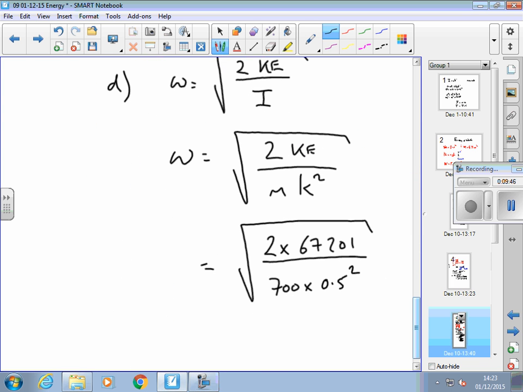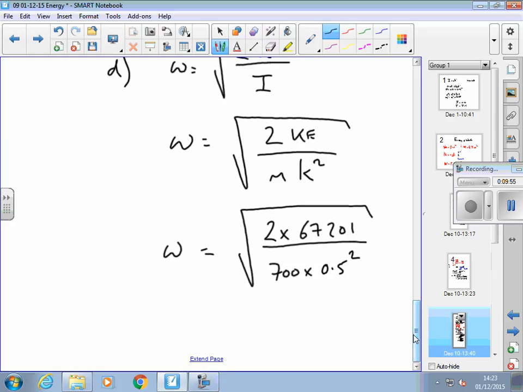So I could put it into the calculator literally just like that, and it will give me the angular velocity. Use the operations on the calculator to help you get a more accurate answer rather than doing it in stages, if you're feeling confident.